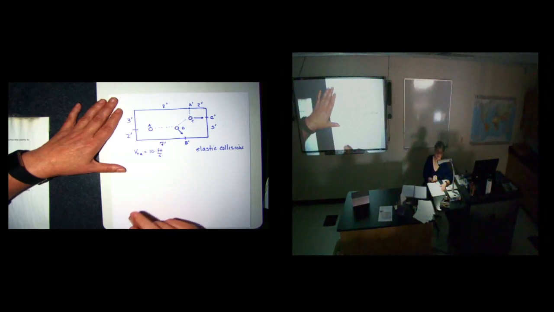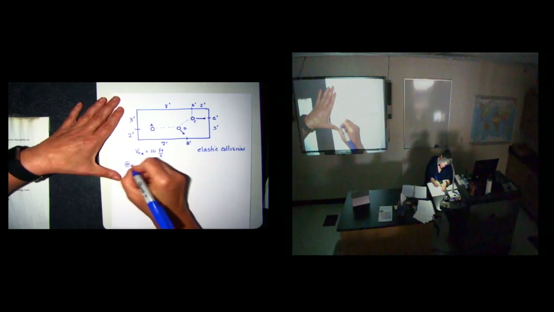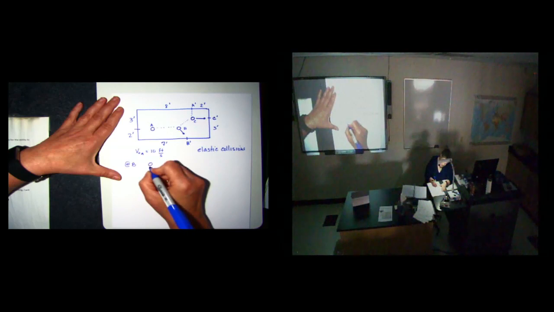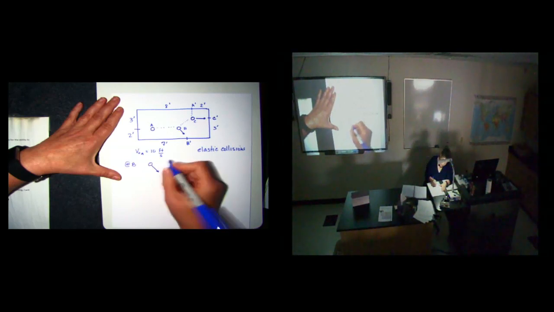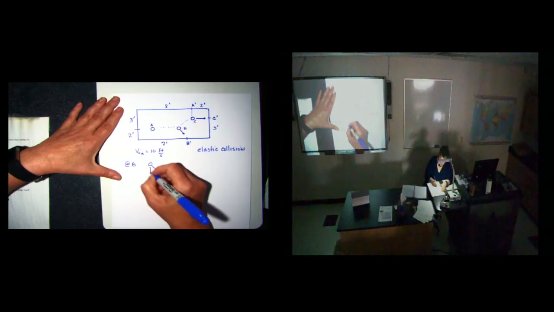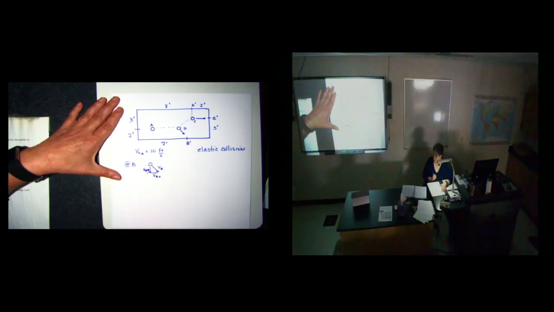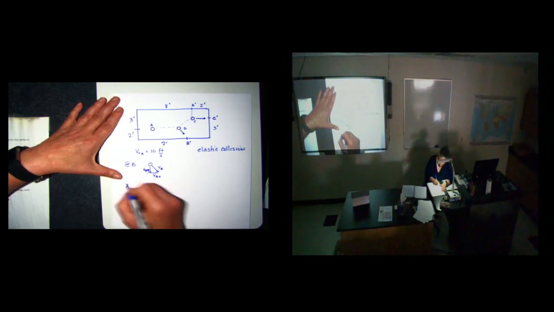Because it's an elastic collision, I can now do 1/2 MVA initial squared is equal to 1/2 MVB squared plus 1/2 MVC squared plus 1/2 MVA prime squared.